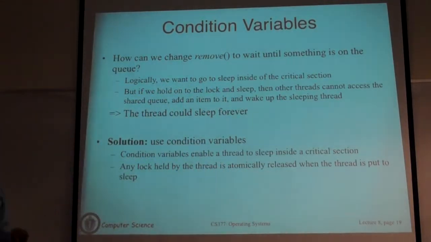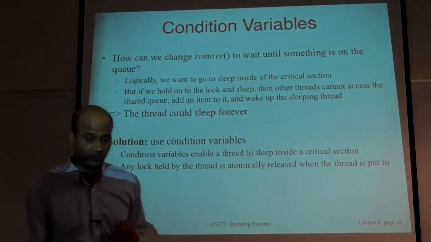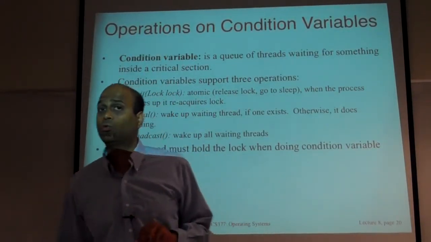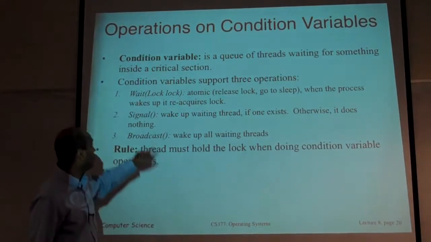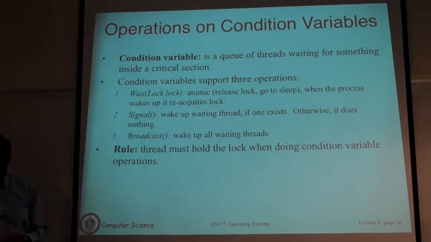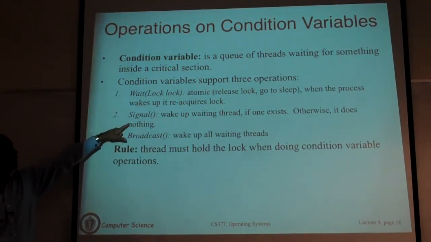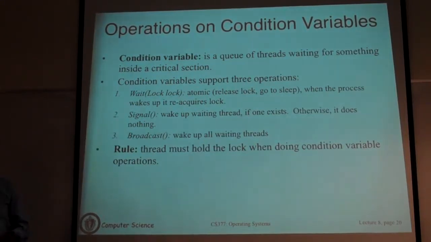Condition variables, as I said, allow you to go to sleep inside a critical section. Condition variables have three methods. You can do wait on a condition variable, which puts the current thread that called wait to sleep, and it releases the lock that it was holding because it was inside the method. You can call signal, which will wake up any thread that is asleep on a condition variable.